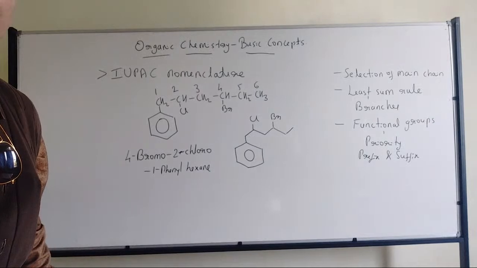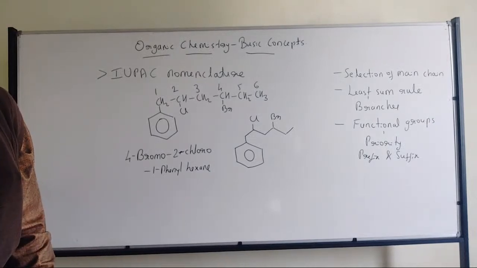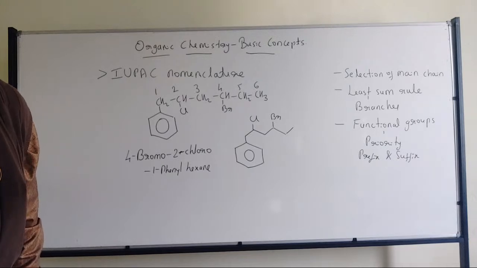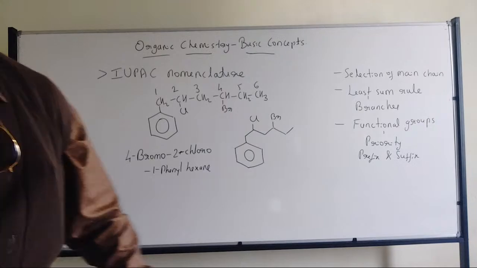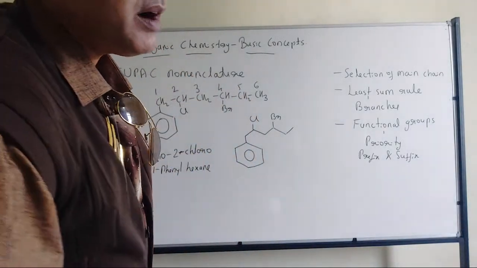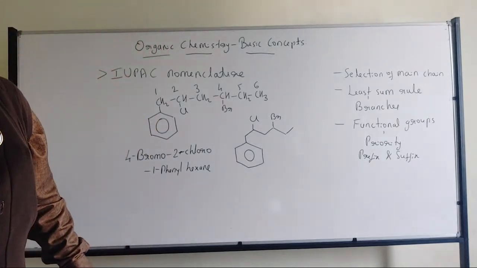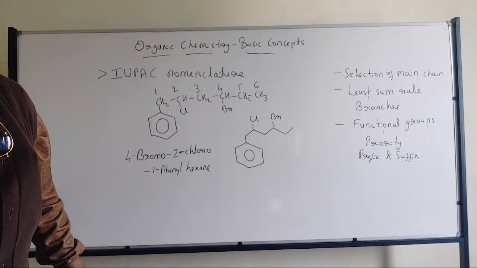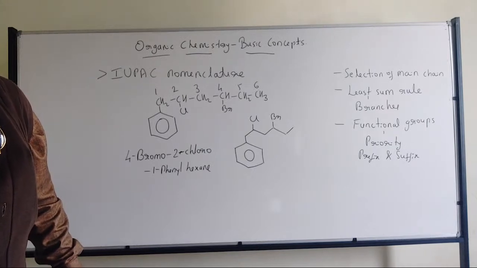You have to write like this only. If you write 1-phenyl 2-chloro first, although the numbering is done properly, since you have written it the wrong way and have not given importance to alphabetical order, you are going to lose marks. All of you have understood? Okay?